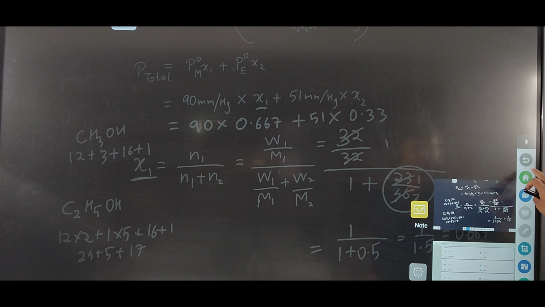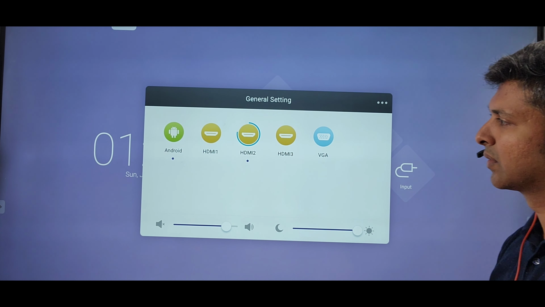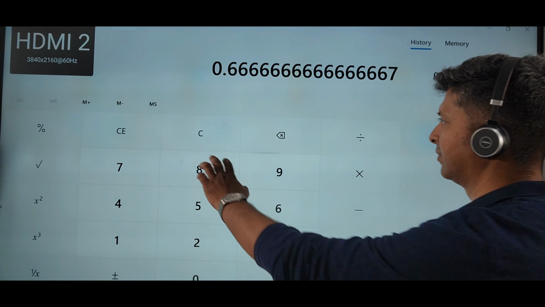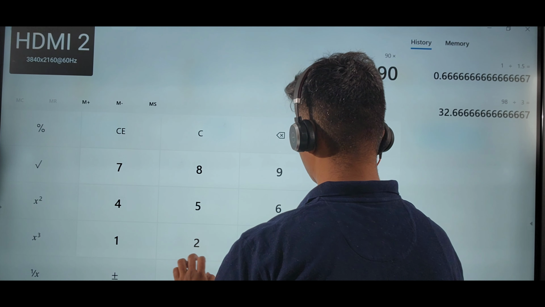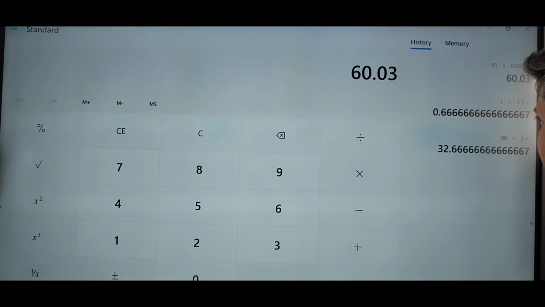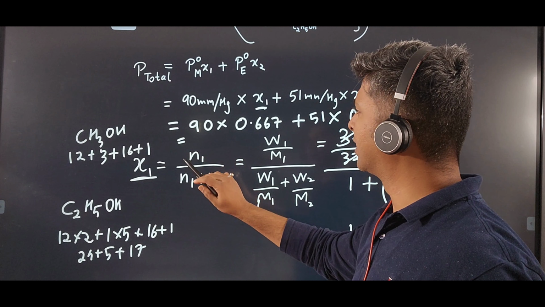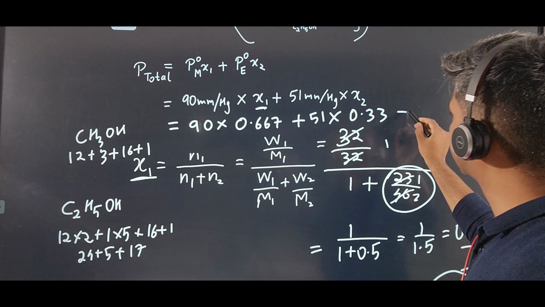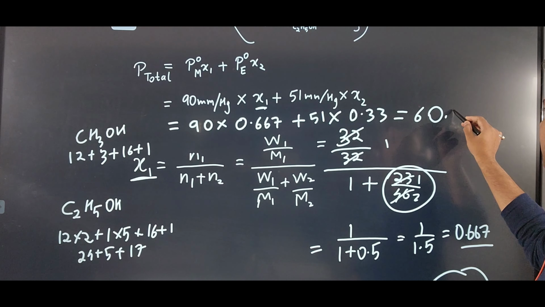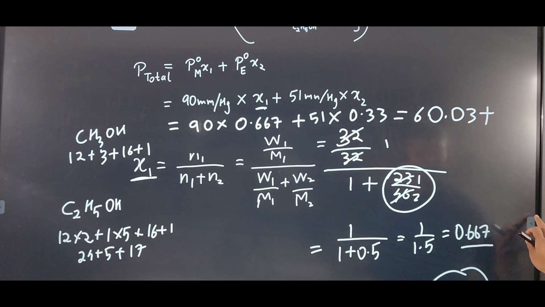So 90 into 0.667 gives you 60.03. Let me write it over here: 60.03 plus 51 into 0.33.